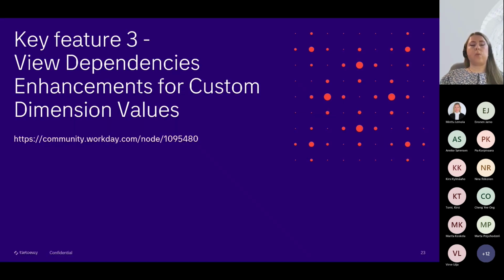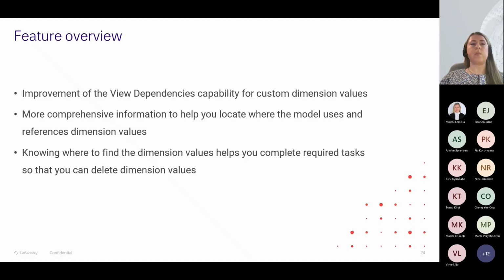And now we can move on to the last key feature, View Dependencies Enhancement for custom dimension values. In this release, Workday added additional tabs to view dependencies for custom dimension values. These additional tabs represent different areas of your model where a dimension value may be in use.